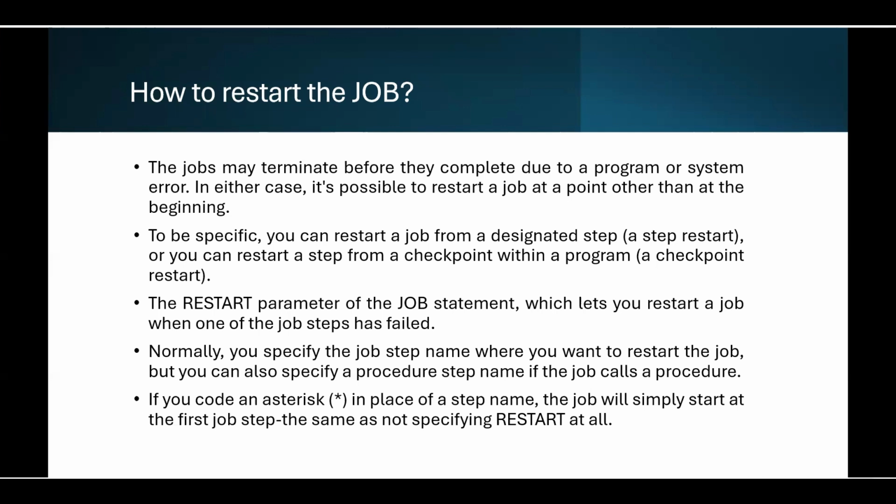And if you code an asterisk in place of the step name, the job will simply start at the first job step, because the step was not specifying restart at all.